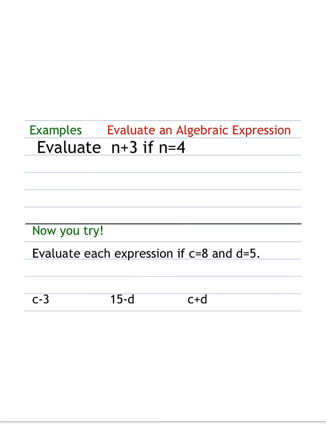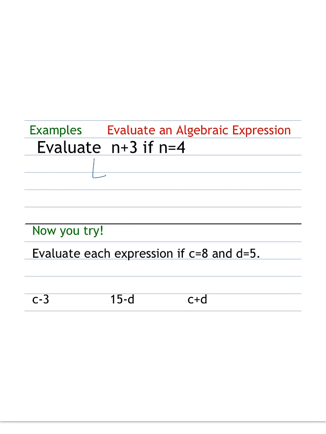So let's look at what all of those vocab words, what exactly they mean and what exactly they look like. So here we have evaluate an algebraic expression. And again, from our first lesson of this unit, we found out that evaluate means to find the value of something. So we are evaluating or finding the value of n plus 3 if n equals 4. So we are using our substitution, and we are plugging in 4 for n.